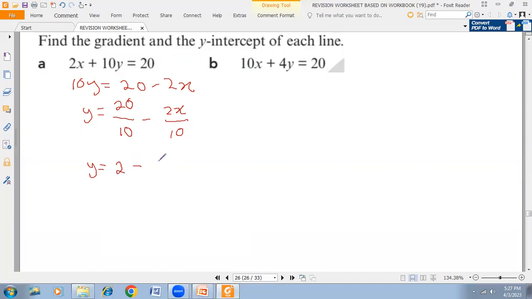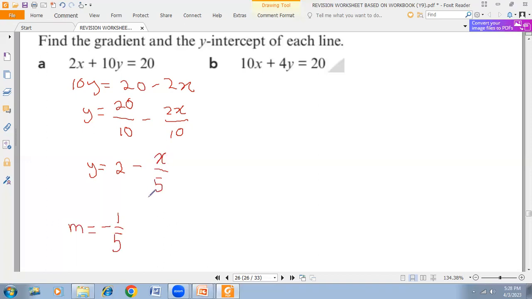You can write 1 over 5, or you can even write 0.2. Either one, both are accepted. So I put 1x on top over 5 at the bottom. So the gradient m is 1 over 5 or 0.2. And sorry, I was supposed to put this negative in front. Negative 1 over 5.